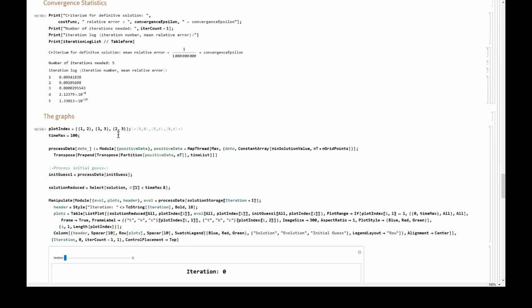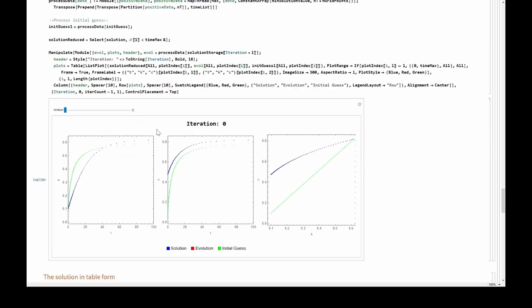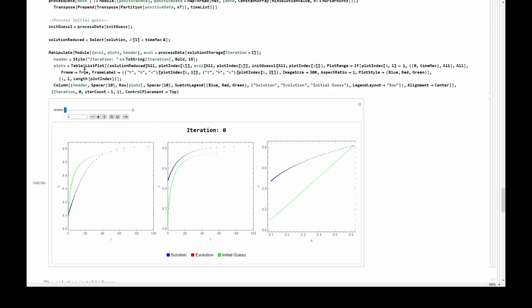And lastly, I wanted to show you, let's not go through the code because plotting sometimes can be a bit messy, and this manipulate function is quite fun to play with, but is not necessarily intuitive to set up. So let's just talk about the result here.